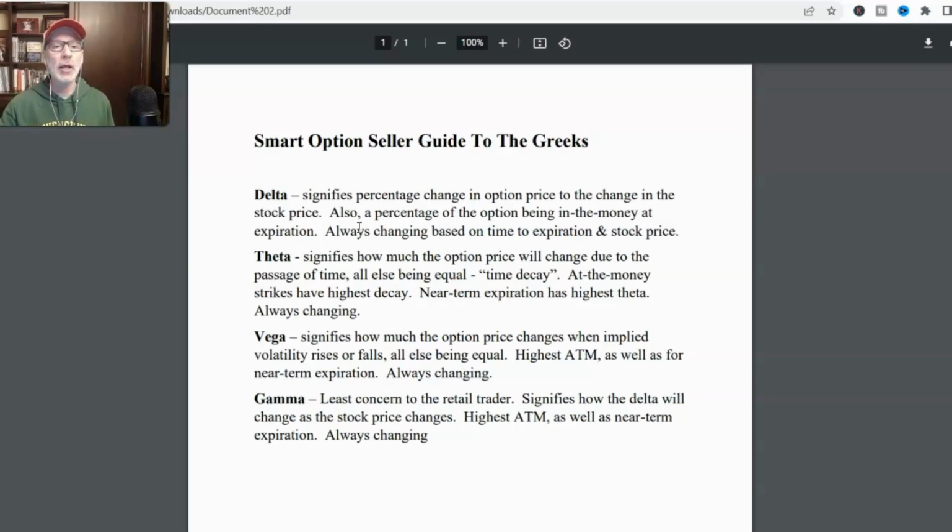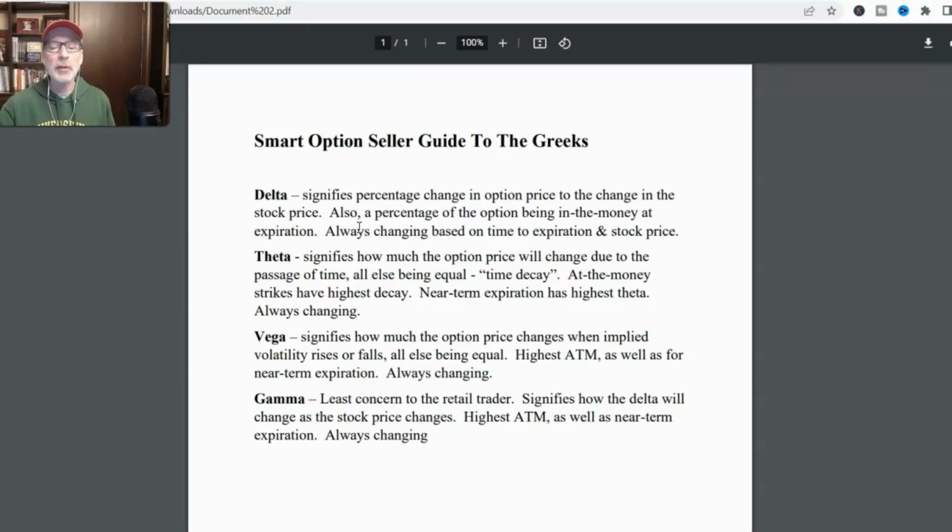So if you bought a call option, the stock's at 100 and you bought a $90 call option and the stock finishes at 100 at expiration, that option's still in the money by $10. But you may have bought that option for $20 a contract way months ago, but now it's only worth $10 a contract. So even though the option's still in the money, you may have a losing trade.